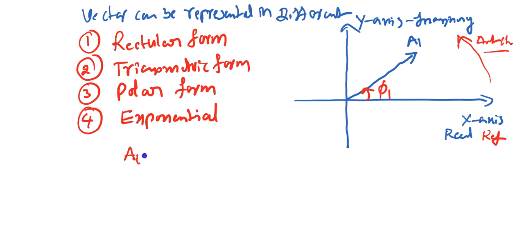A1 is the magnitude of the vector, and the vector is displaced with respect to the x-axis in the counterclockwise direction.